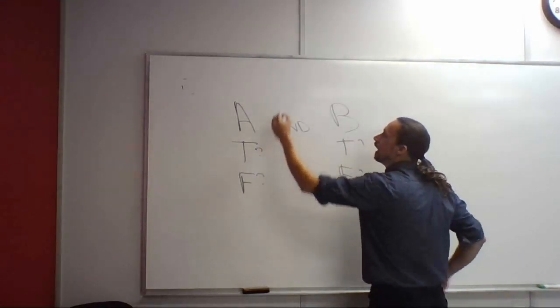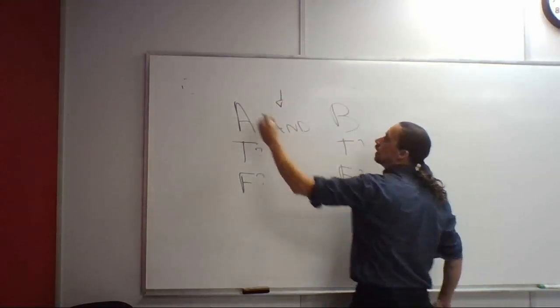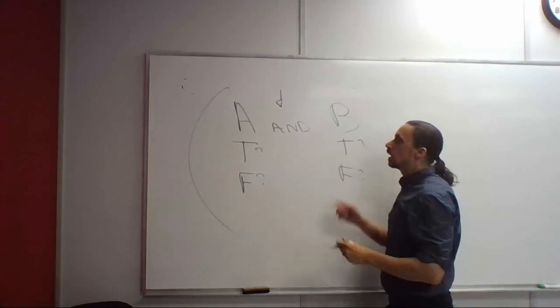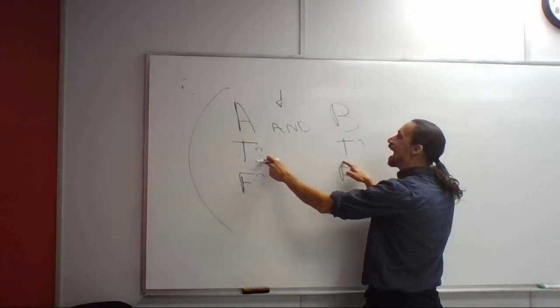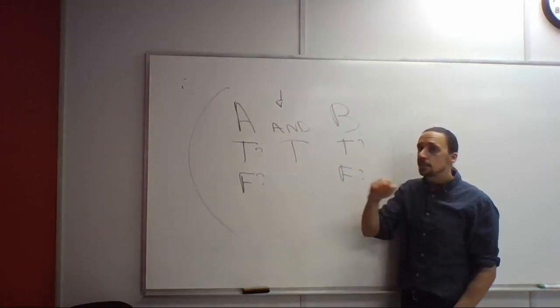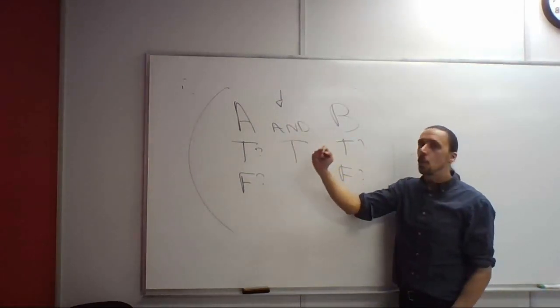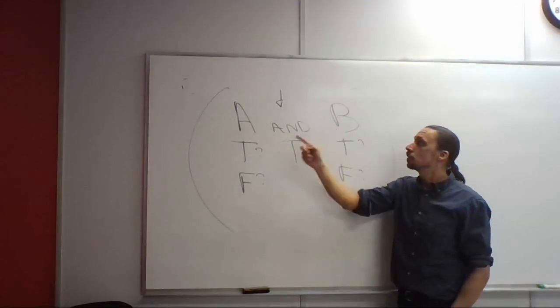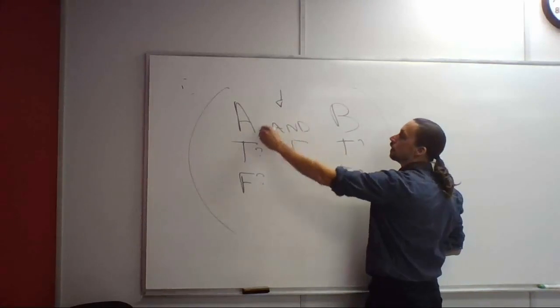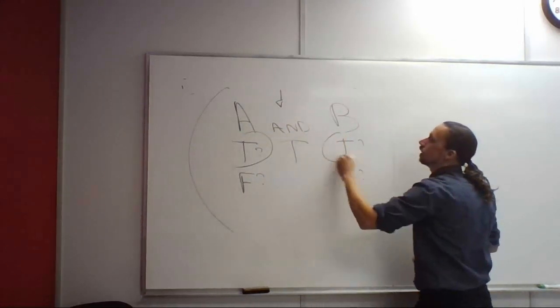And crucially, the value of the whole statement, A and B, is going to be a function of the values of A and B. If both A and B are true, then A and B is true. If I say it's raining and it's cold, and it's true that it's raining and true that it's cold, then the statement "it's raining and it's cold" is itself true. So the truth value of the whole sentence is a function of the truth values of its parts.